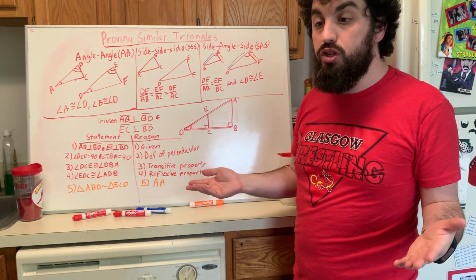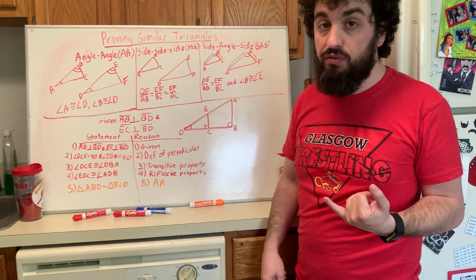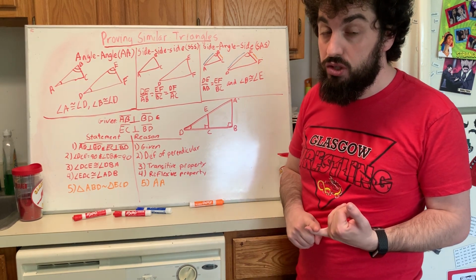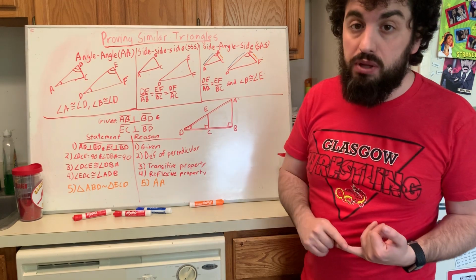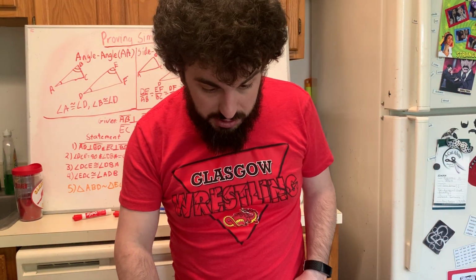Definitely a different proof to do. Definitely a little more complex because I had to remember stuff about parallel lines cut by a transversal, but a completely valid proof if I had taken the time to write it down.